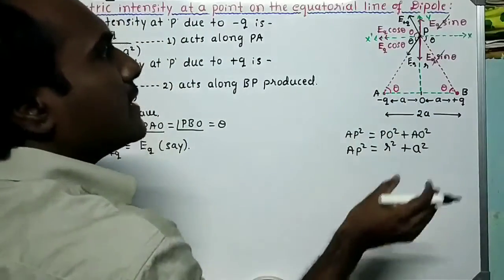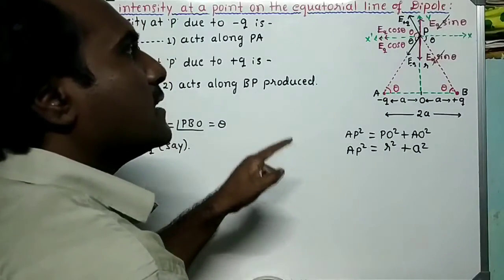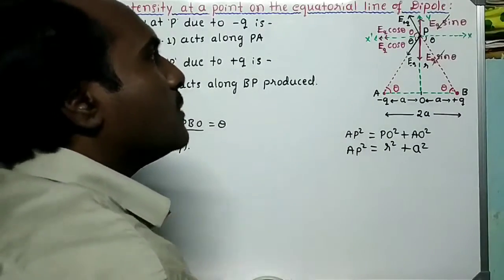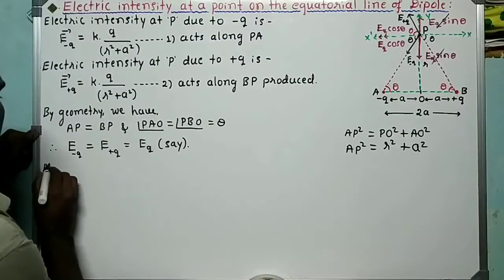Since they are acting along the same direction, their net electric intensity at point P becomes, what?